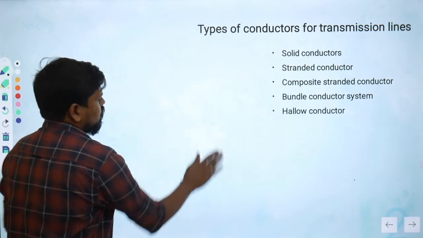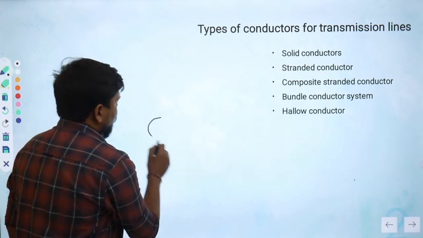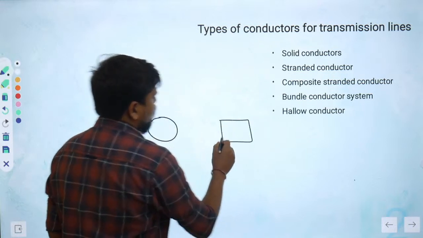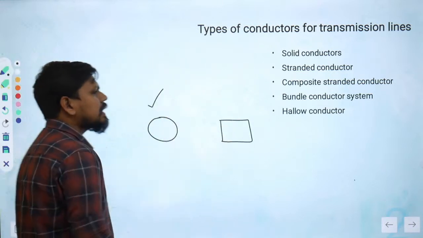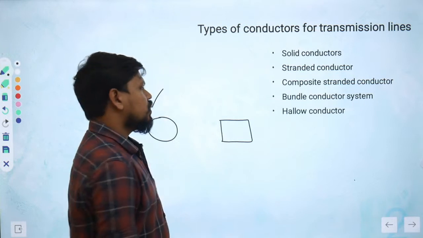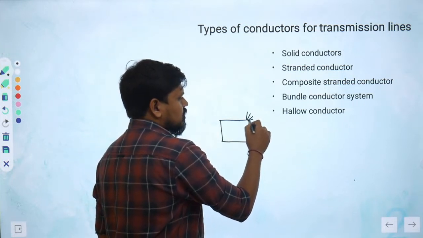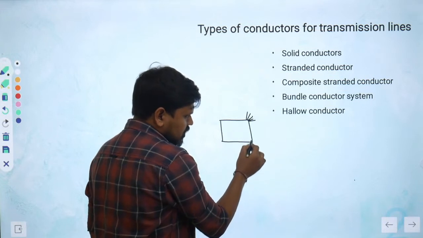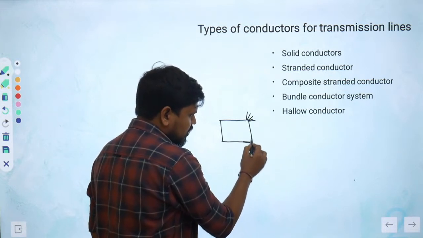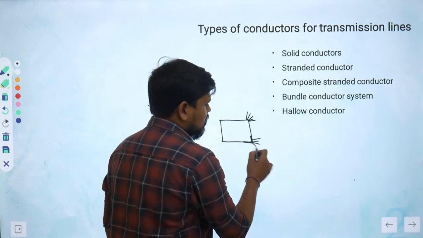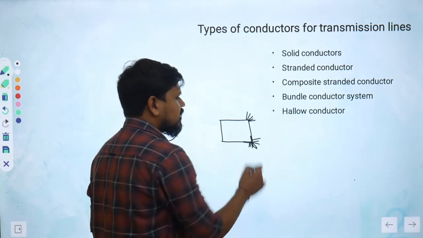There are circular type conductors and square type conductors. Which one are we using? We are using the circular type. Why? If we use a square type of conductor, at the uneven points on the surface the direction of the surface changes, so the flux distribution is not the same. This effect is called the fringing effect.